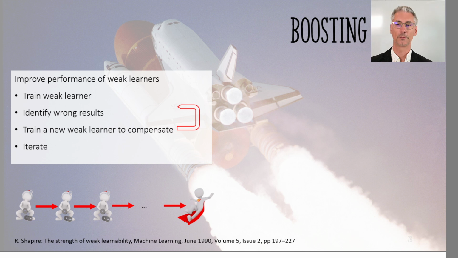Because it's a weak learner, we don't expect that the second one corrects all mistakes, so we probably need to iterate this a couple of times, right? So the idea is we start with one weak learner and the next weak learner compensates the errors of the first one and the next weak learner compensates the errors of the previous one and so on, and we repeat the process until we are satisfied with the performance.